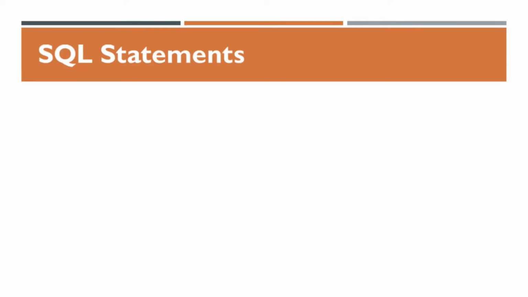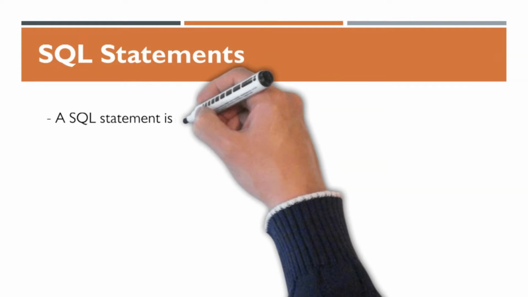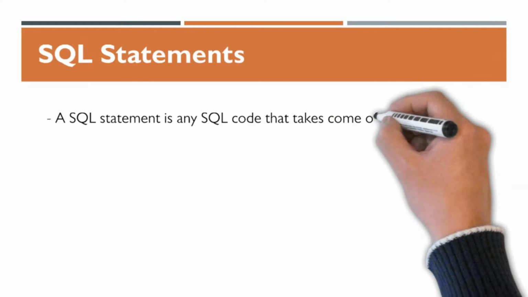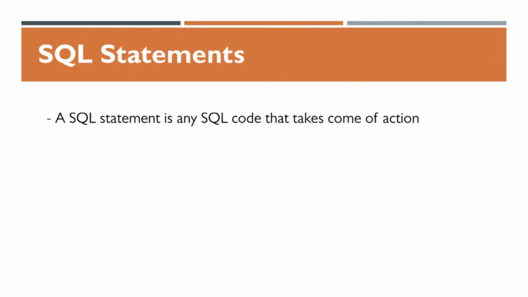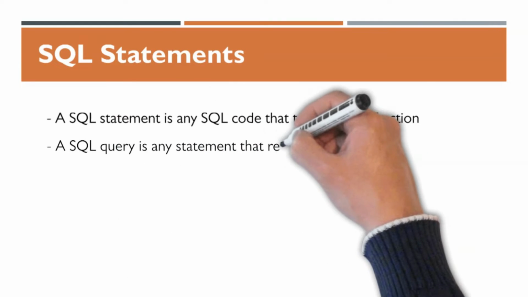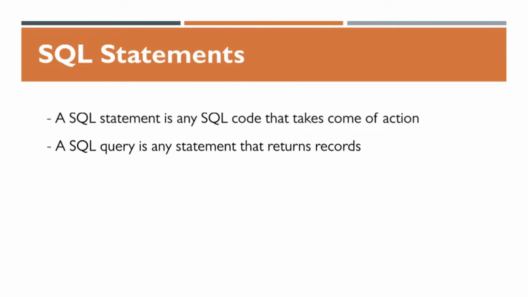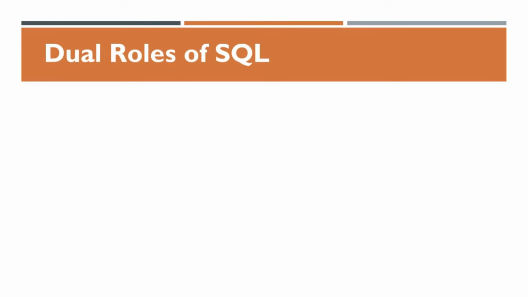Any SQL we write that takes some kind of action is a statement, and sometimes you'll see a statement using the select word, often called a query. A query suggests that we are asking a question, and when we are using the select keyword, that's generally the case. SQL statements can also be used to add, modify, or delete data in a database, or even create, modify, and remove tables.